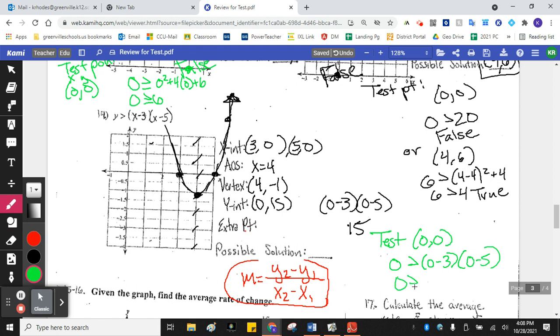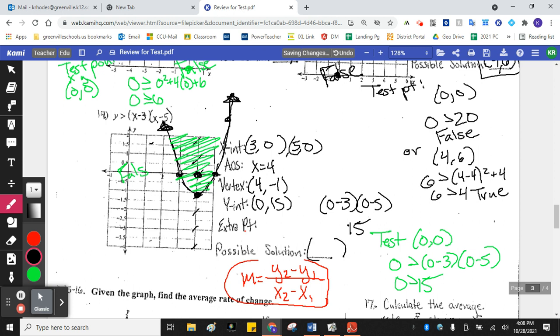So 0 is greater than 15. So this is false. So inside is true. Possible solution is anything on the graph itself or inside, because our line's solid. If our line was dotted, that would not be a solution.